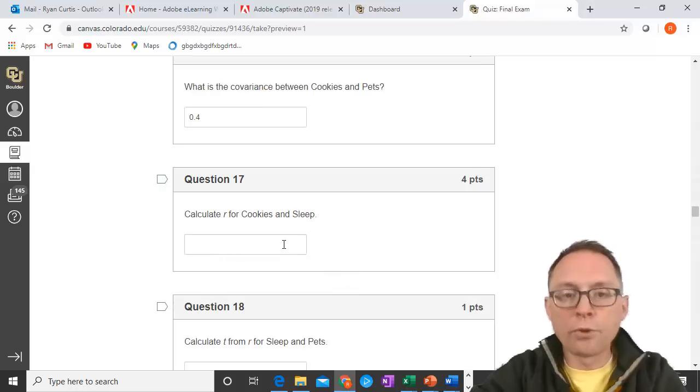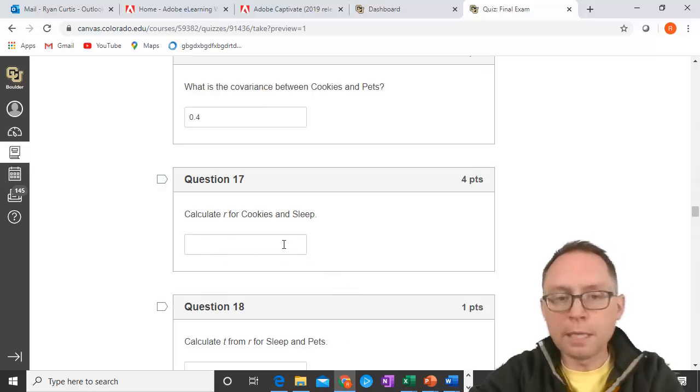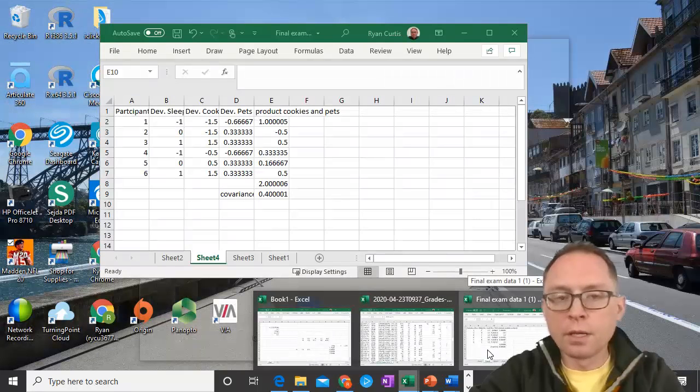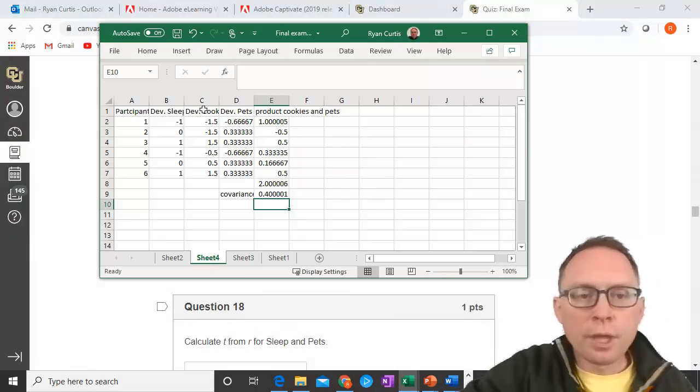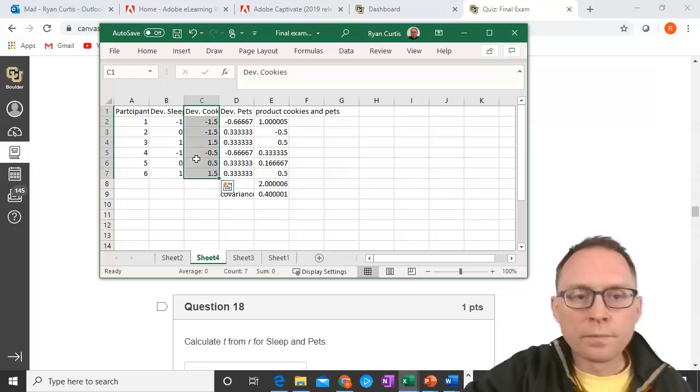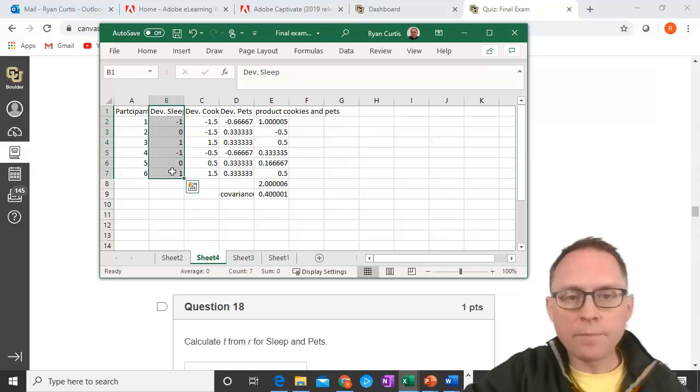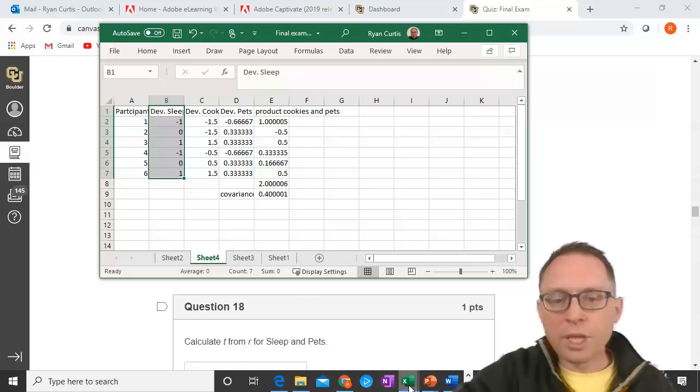Calculate R for cookies and sleep. Okay, so let's calculate R for cookies and sleep. So here's cookies right here, and here's sleep right here. Okay, so how do we get that?